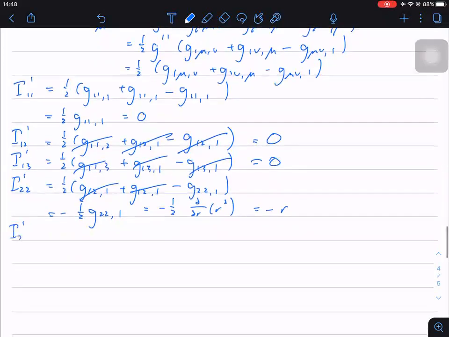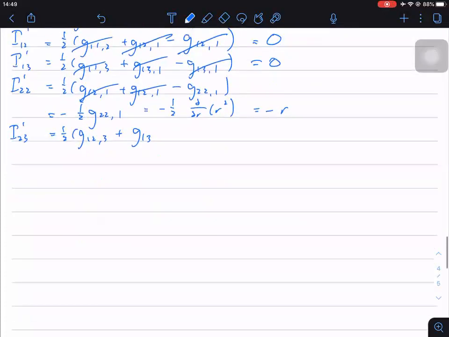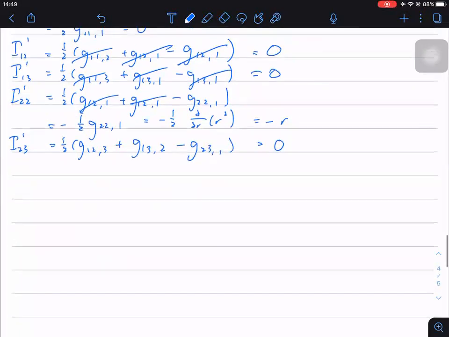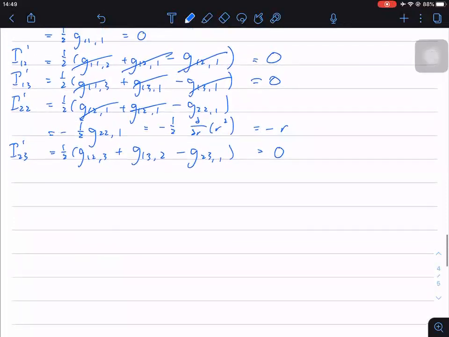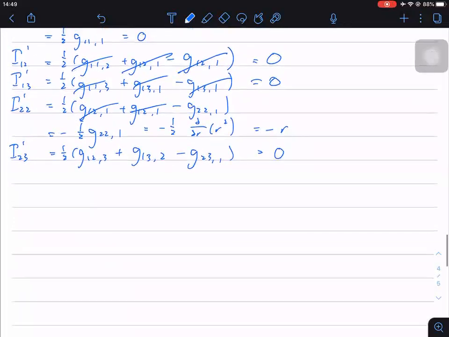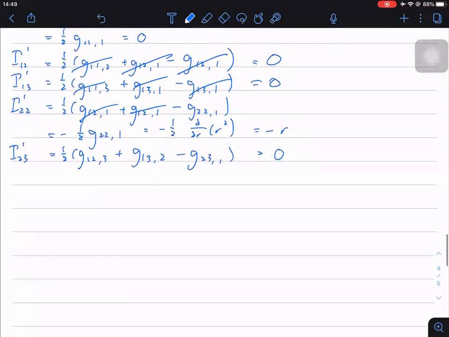So for the 2, 3 terms, they are all zeros because G12 is 0, G13 is 0, and G23 is also 0. Should it be G? Oops, you're right. It should be 2 and 2 here.